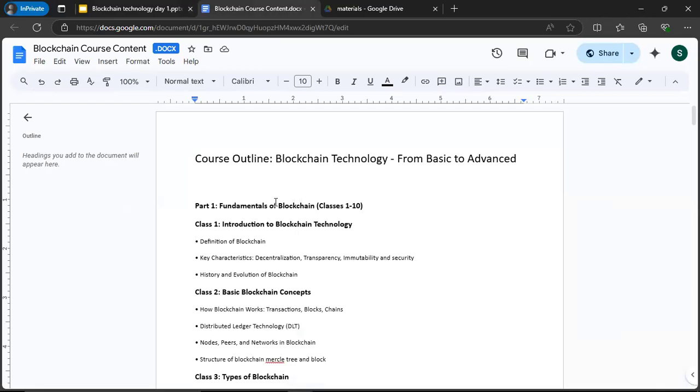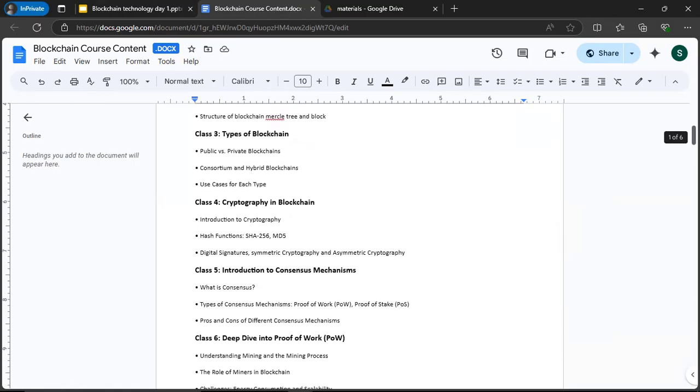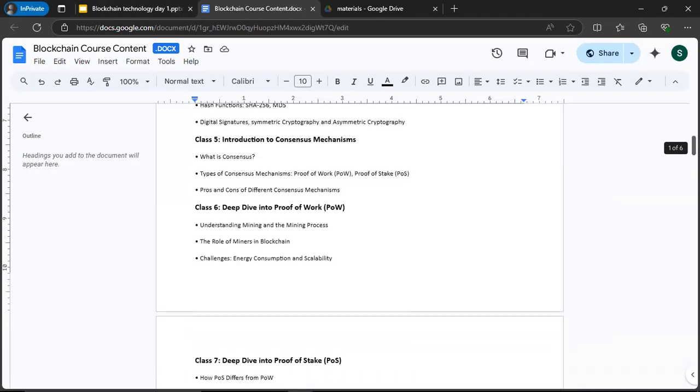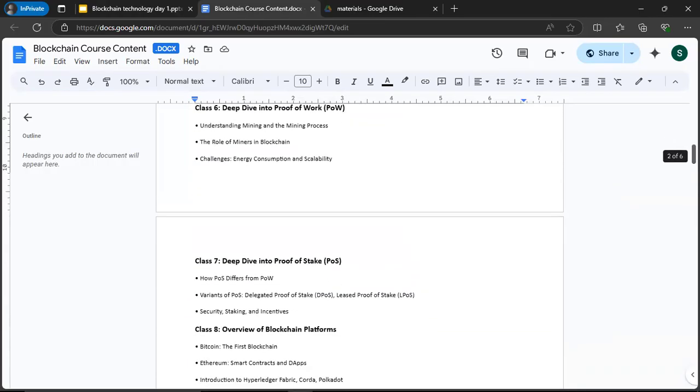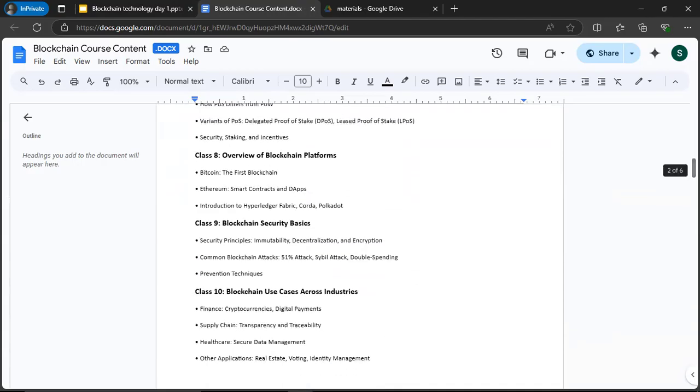In the first part we are going to cover the fundamentals of blockchain, which consists of some topics such as introduction to blockchain technology, basic concepts, types of blockchain, cryptography in blockchain, introduction to consensus mechanism, and we are going into some detailed topics such as proof of work, proof of stake, and overview of blockchain platforms, blockchain security basics, and blockchain use across the industries.